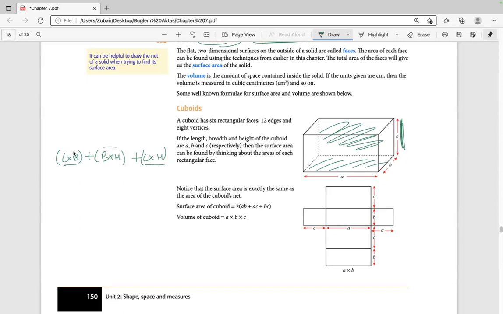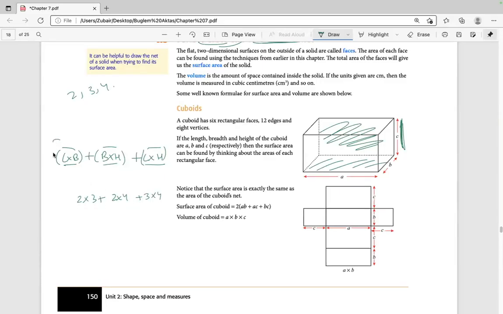Then breadth with height and breadth with length, both of these. Then height with breadth and height with length, both of these. Like if I have dimensions 2, 3, and 4, I'll be multiplying them with each other: 2 into 3 plus 2 into 4 plus 3 into 4, everyone with each of the others.